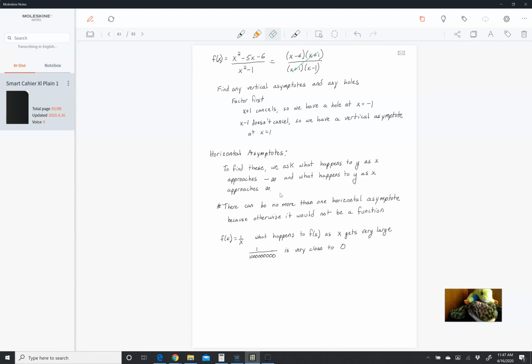So our denominator increases, and as it increases, 1 over x gets closer and closer to 0. If we had 1 over a trillion or 1 over quadrillion, it gets very, very, very close to 0. Okay? So that would mean that our y is very close to 0. We're approaching y equals 0, but we never actually reach y equals 0. We never get to 0 because our numerator is 1.